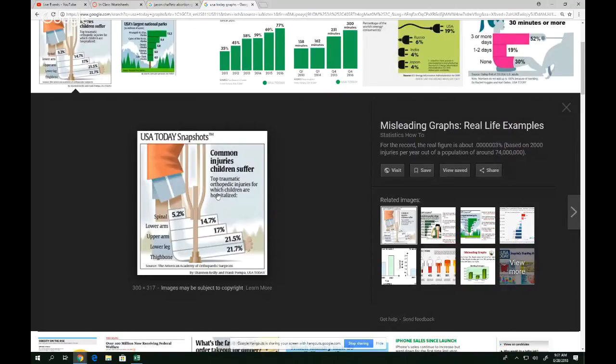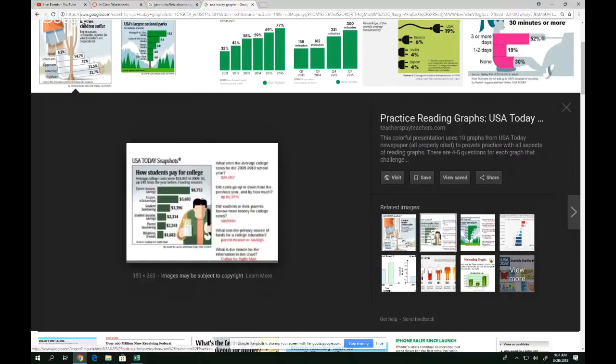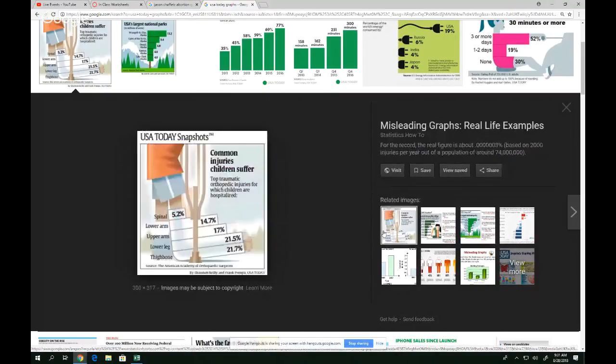I remember seeing one that had a toilet paper roll: how much toilet paper do people use in America? It was goofy. So anyway, no pictographs, no 3D graphs. I think I mentioned that last time. Don't distort your graphs.